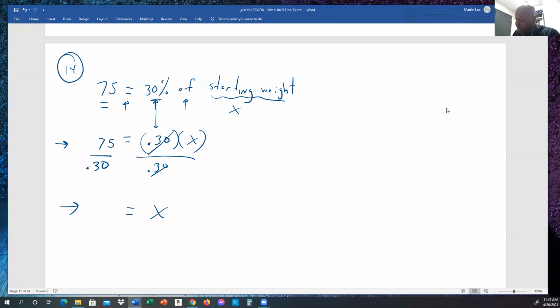And so I get x is equal to 75 divided by 0.30, which equals 250. So this was her starting weight, 250 pounds.